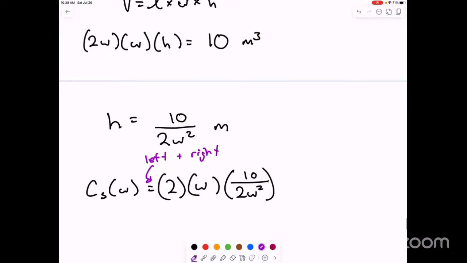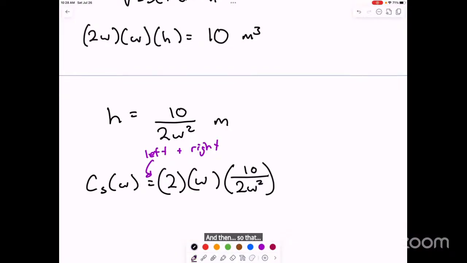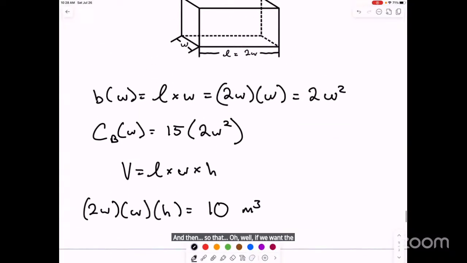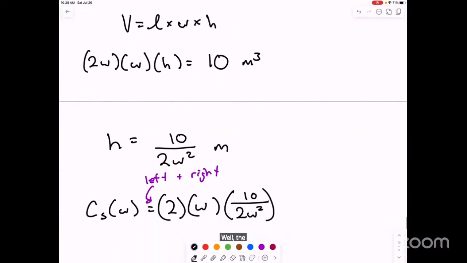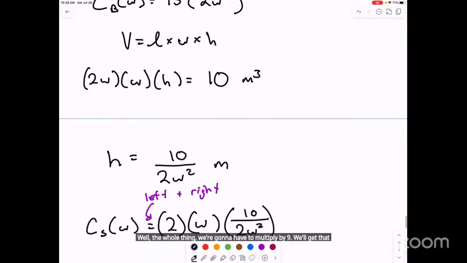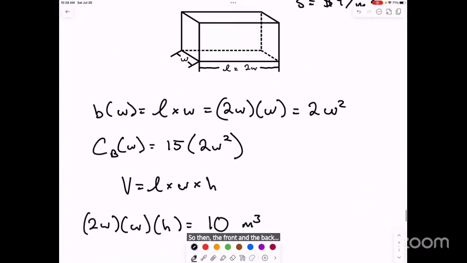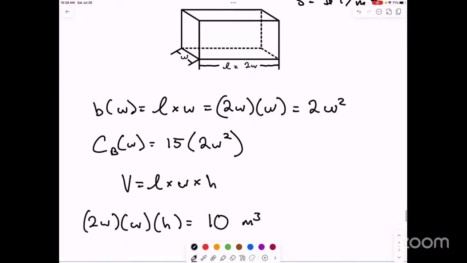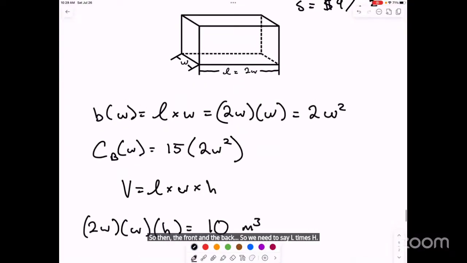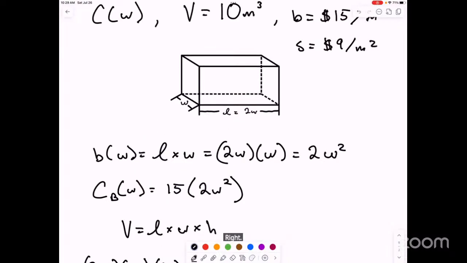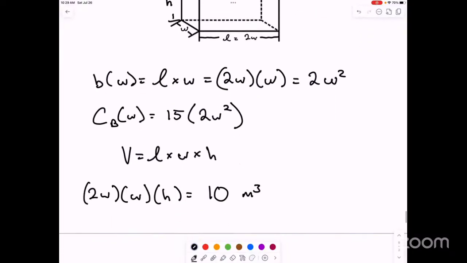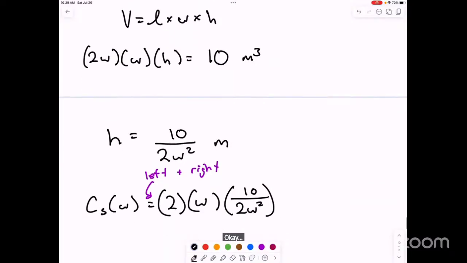Okay. And then for the cost, the whole thing we're going to have to multiply by 9. We'll get that in just a moment. So then the front and the back, we need to say L times H, right? So again, it's going to be 2 of those.